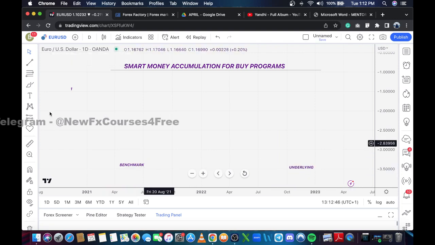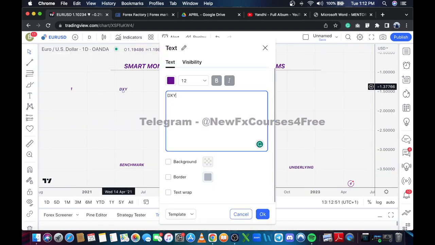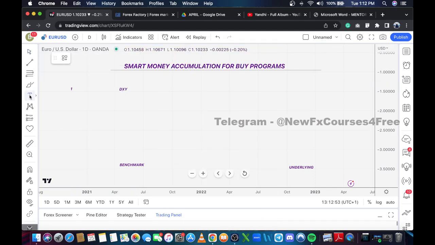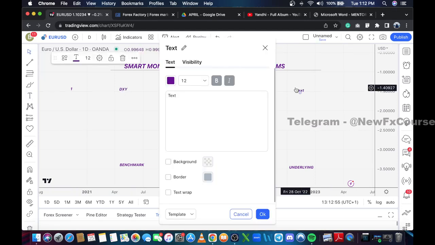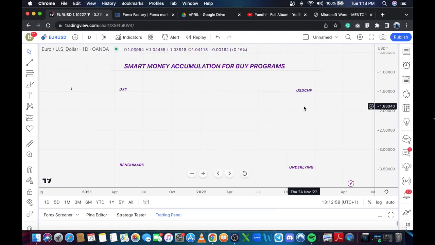Okay, so let's start off. First off, we're looking at dollar, and we're comparing dollar to USD CHF, which is our underlying.